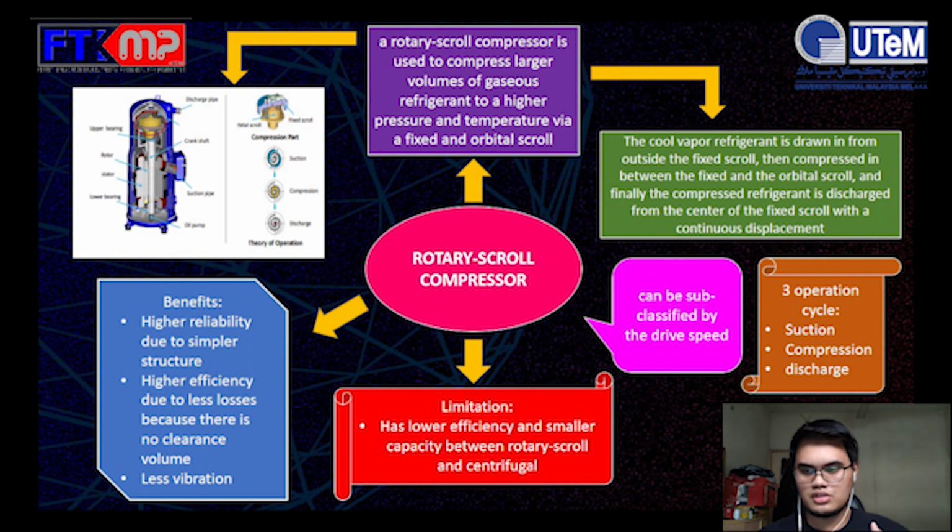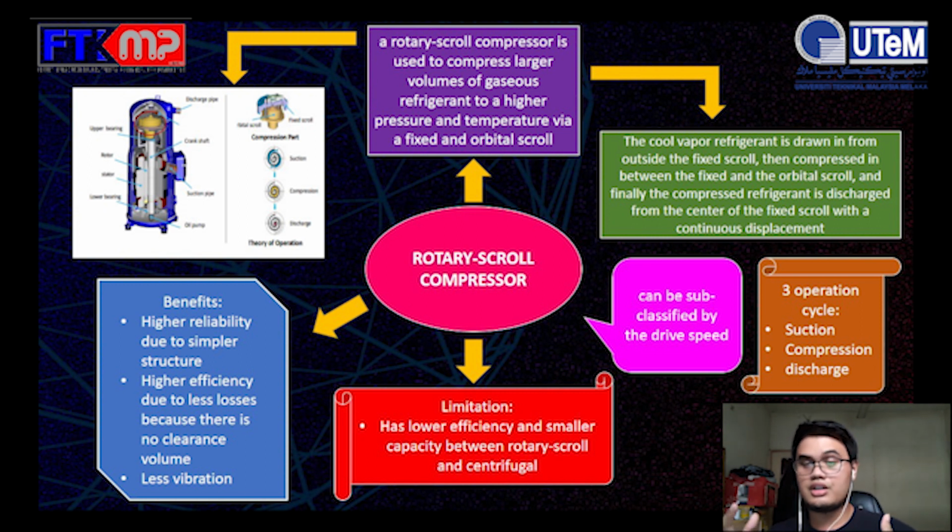The rotary scroll compressor can be classified as a drive speed compressor. There are also three operations: suction, compression, and discharge. The benefits of the rotary scroll compressor are, first, higher reliability due to a simpler structure.